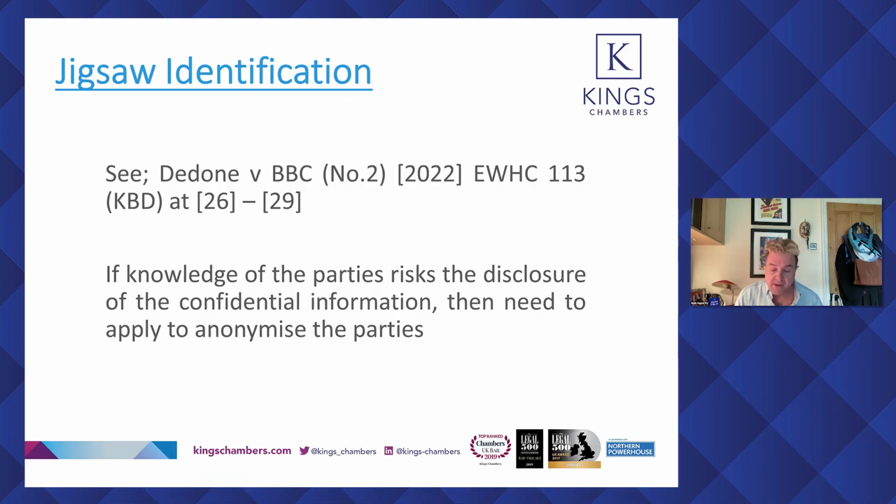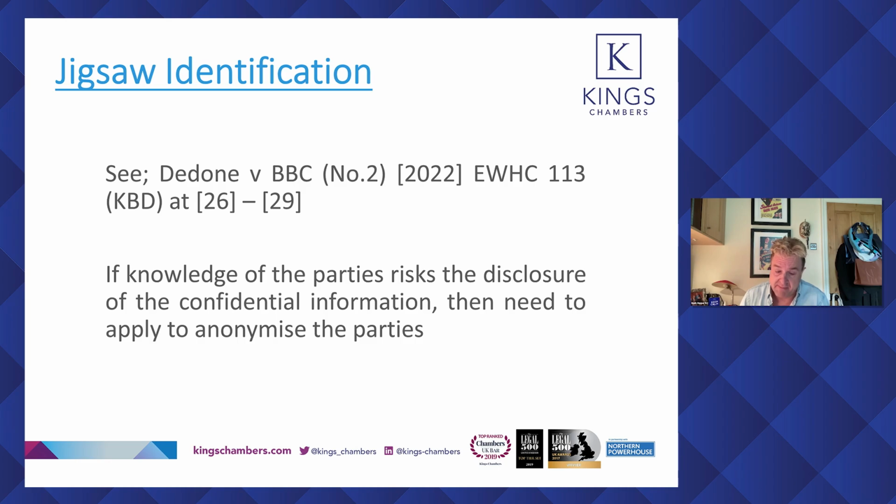One thing to be very alive to is sometimes practitioners will think, well, it doesn't matter. The hearing's in private. That ought to be sufficient to protect what is happening in this case. But you've got to be aware of what is referred to as jigsaw identification. And the Dedadone and BBC case, which we give on the slide, gives a very neat definition of what jigsaw identification is.